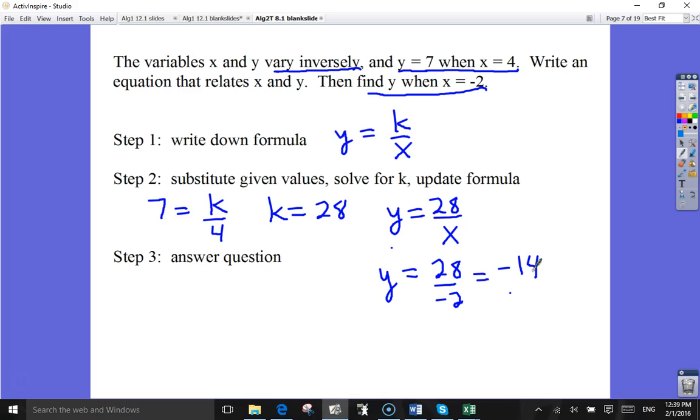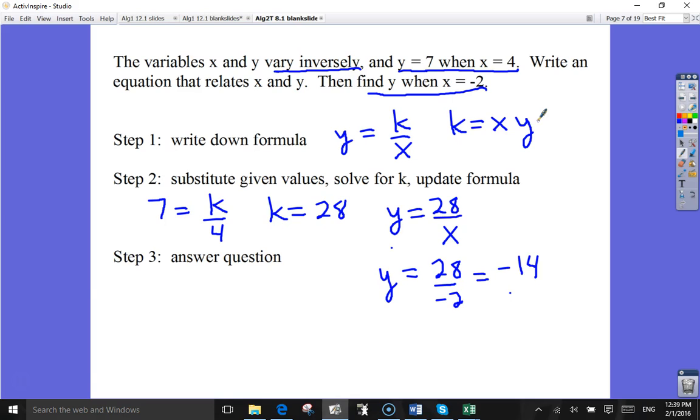Now, depends on how you learn this in Algebra 1. A lot of times in Algebra 1, they teach you that for this particular kind of variation, you could set up a product. If I solve y equals kx for k, I would get k equals x times y, which means the product x times y is a constant, always.